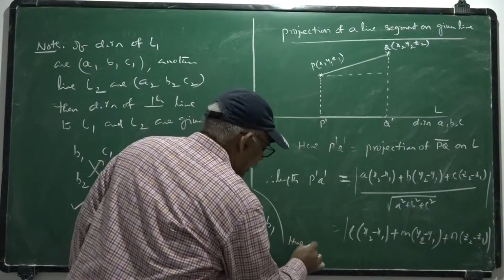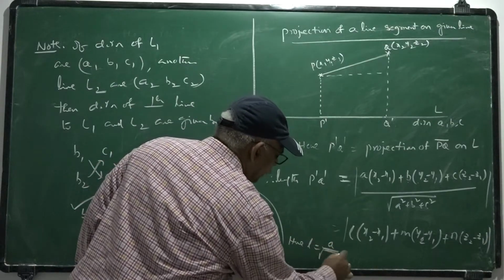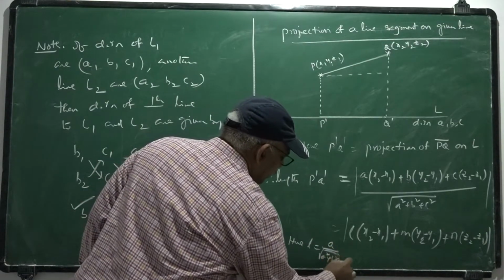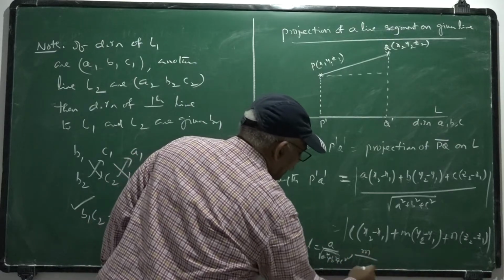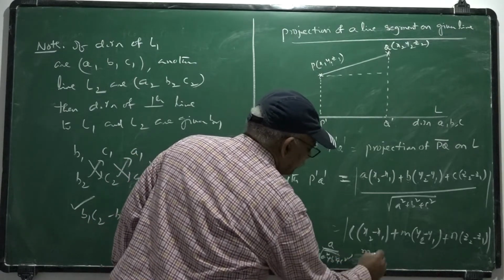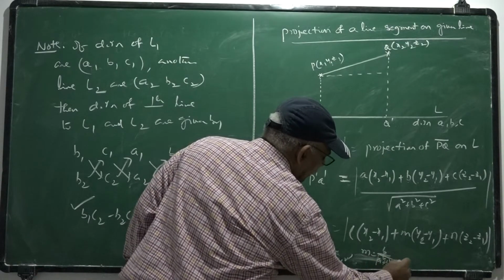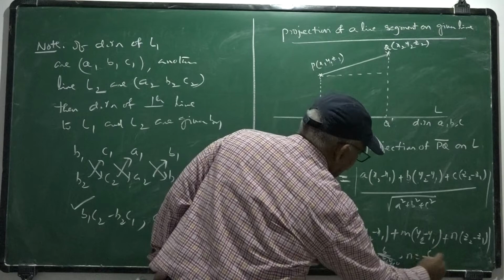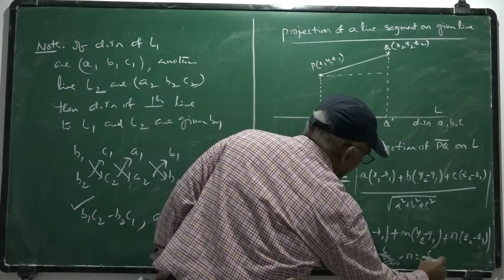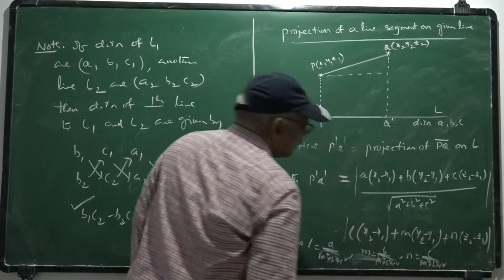Here L is a by root over a square plus b square plus c square, M equal to b by root over a square plus b square plus c square, N equal to c by root over a square plus b square plus c square.